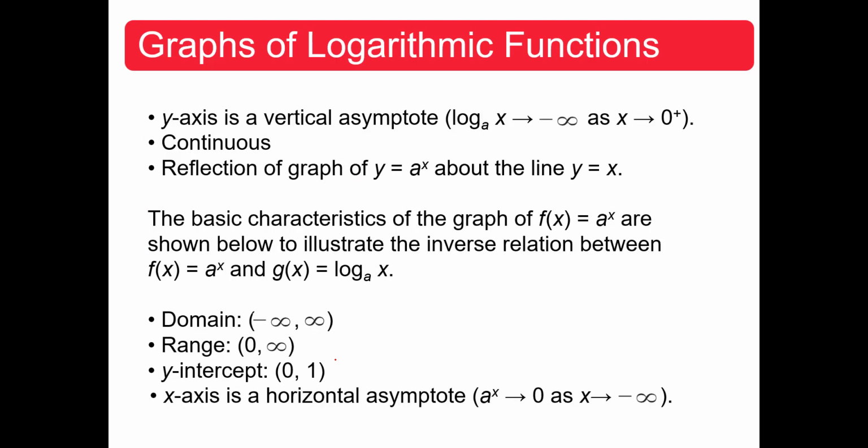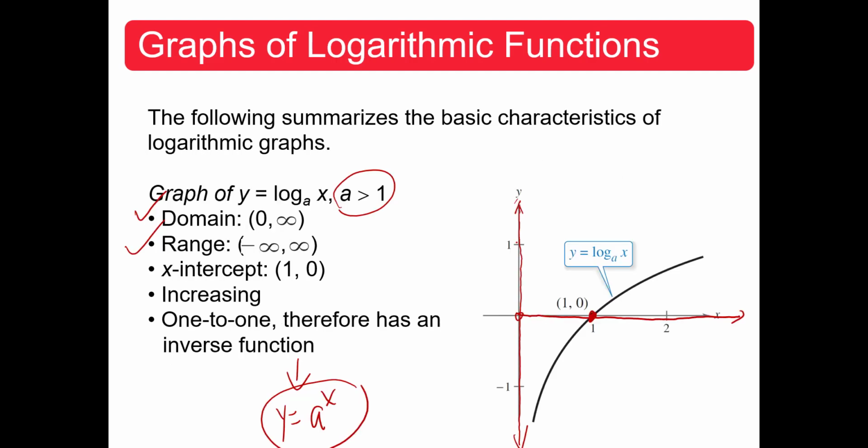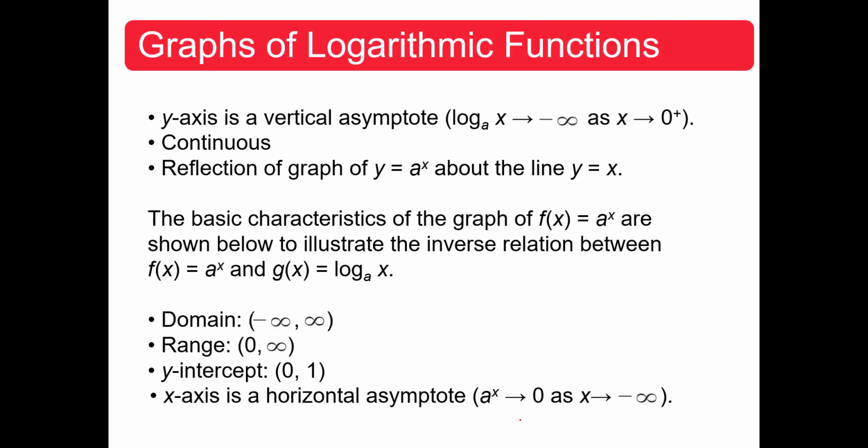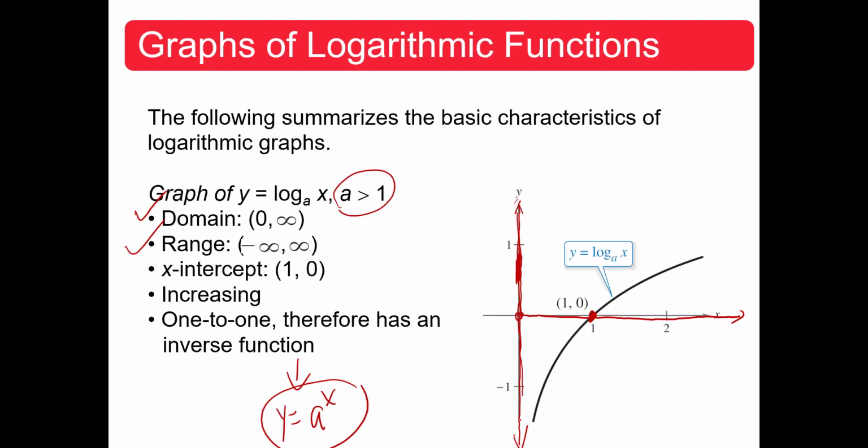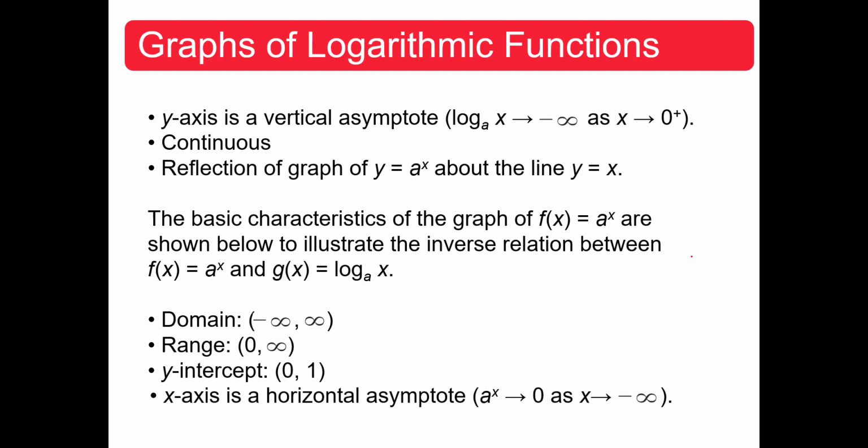The y-axis is the vertical asymptote, so the graph of the logarithm function approaches the y-axis but never passes through it. It's continuous, meaning a smooth curve with no jump, no break, no hole. And it's a reflection of the graph of y equals a to the x about the line y equals x.